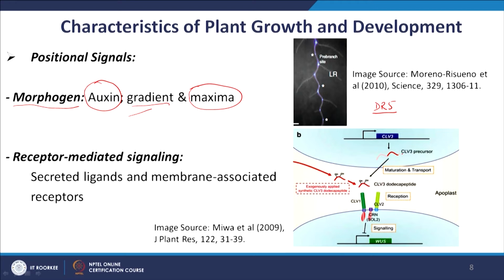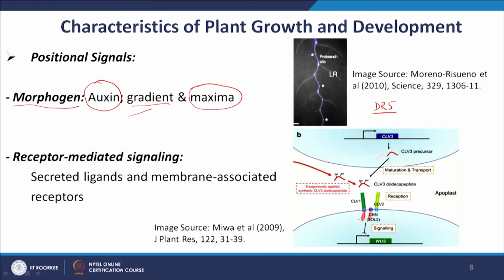These are received by the receptors, and then the receptors initiate a genetic developmental program which is important. So the second mechanism of acquiring position dependent fate is through this mechanism.